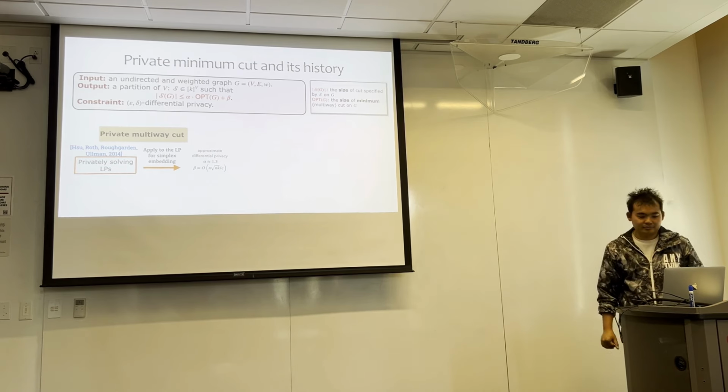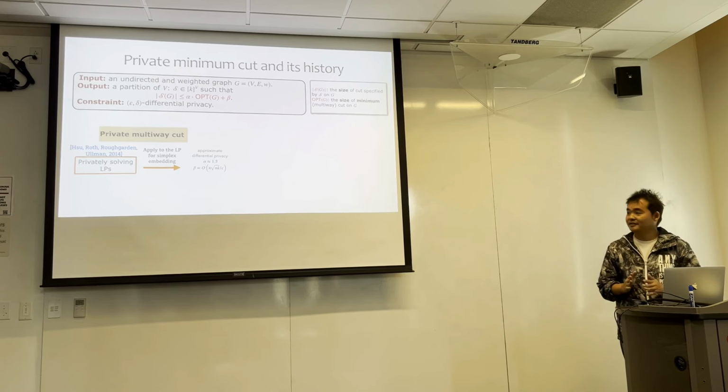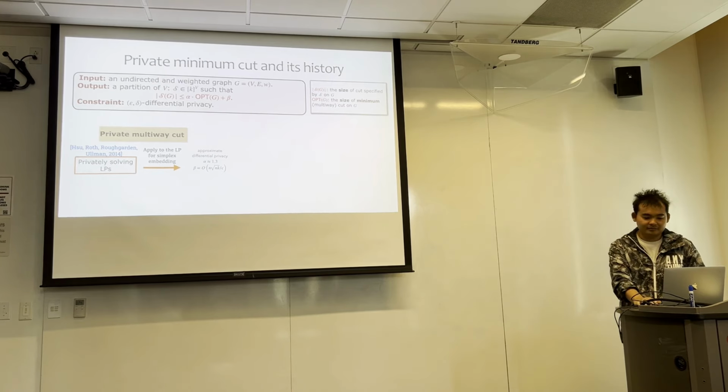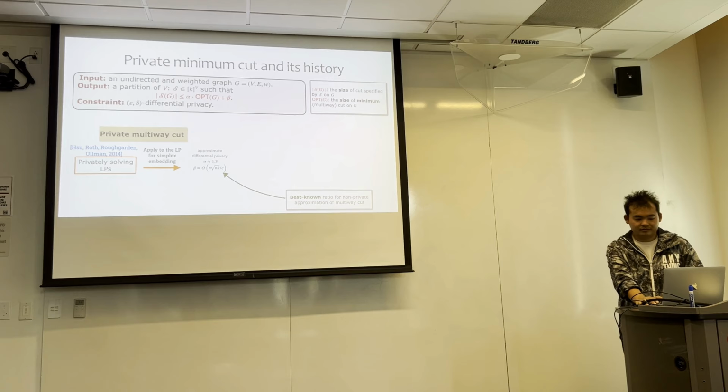Here is some previous work for private multiway cut. Hsu et al. studied privately solving linear programs, and by formalizing multiway cut as a linear program, we could get a multiplicative error bound around 1.3, which is given by some non-private rounding scheme. I have to mention that this is also the best known ratio for non-private approximation of multiway cut when k is larger than 2.